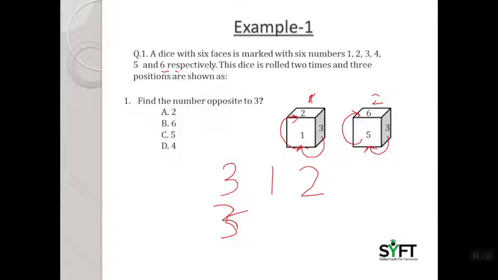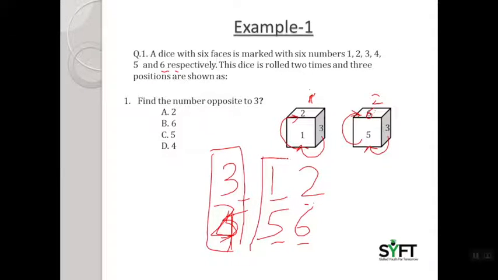So if we see, we now have 1, 2, 3, 5, 6. Which one is missing? 4 is missing.